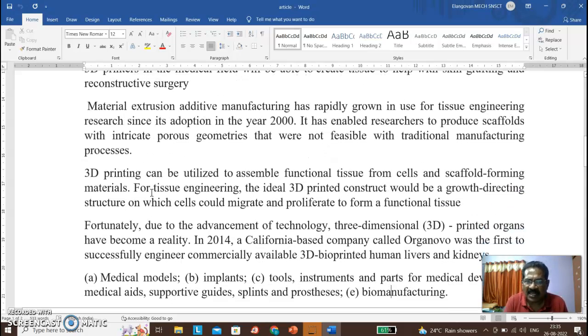Now, medical material extrusion additive manufacturing has grown rapidly in tissue engineering since its adoption in the 2000s. Many researchers started working on multiple areas, and 3D printing can be utilized to assemble functional tissue of cells and scaffold-forming materials.